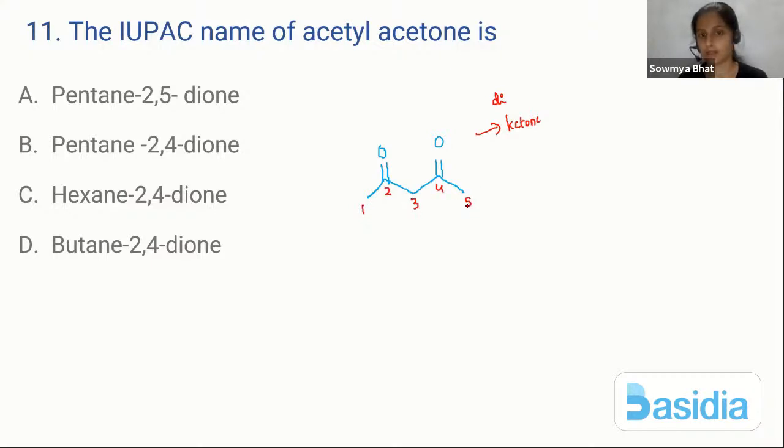If you number from this end also, you're going to get the functional group at the same position. So both way of numbering is correct. At the 2 and 4 position, you have dione. So you have option B, C, and D. So it is 2, 4 dione. After that, count the number of carbon atoms in the main chain. It would be 5. So it's pentane 2, 4 dione, which is the right answer.